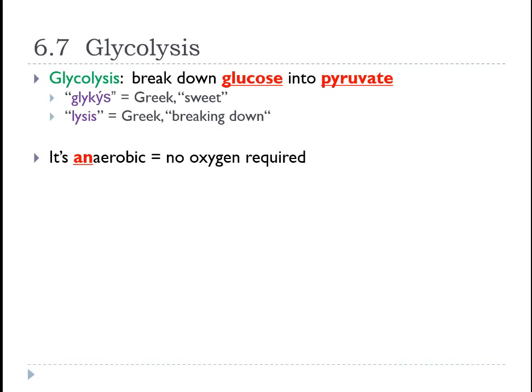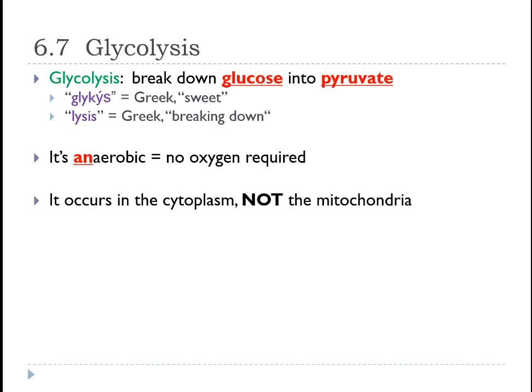So this first step is called glycolysis. Lysis means breaking something down, and gly means sweet, glycus. This is going to be a step that really doesn't need oxygen. Everything else is going to require oxygen to work, but this is the only step that doesn't require oxygen. It occurs in the cytoplasm, which is that liquidy part of the cell.